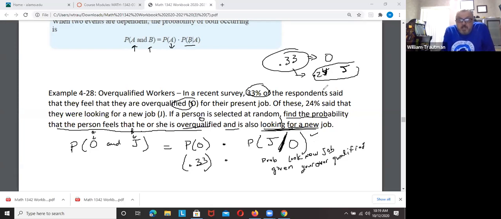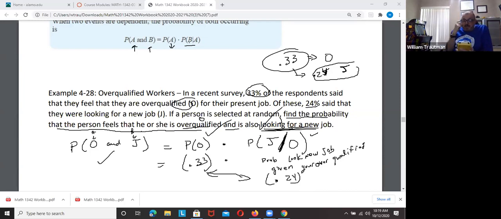We already know that 0.24 says that that person feels that he is overqualified and they're looking for a new job. So that was 0.24, they said. To find this answer, you just multiply these two together, the probability of O and the probability of J given O. We're lucky in these paragraphs, they give us all the numbers.